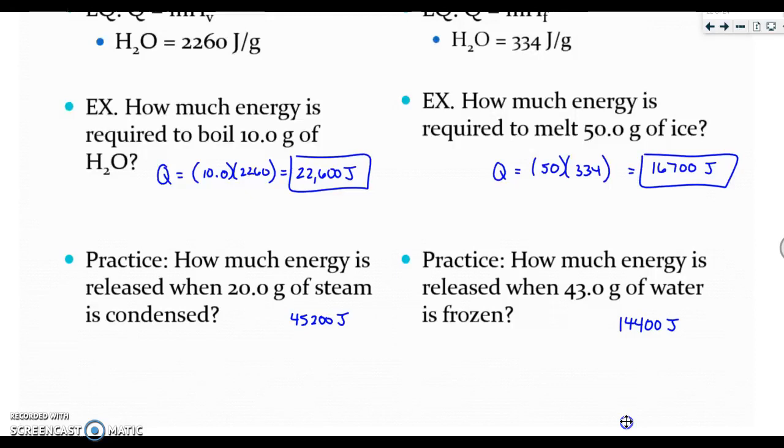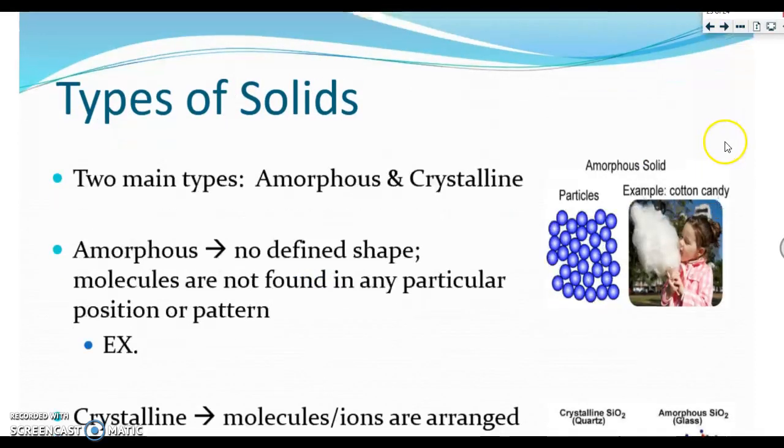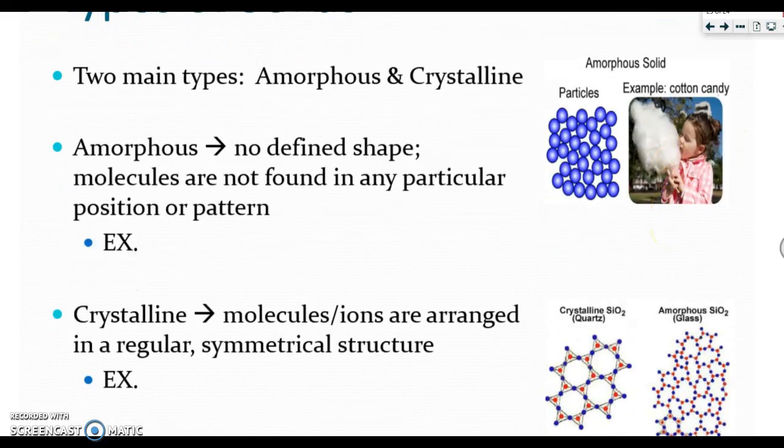Now, let's talk about types of solids. We have 2 main types of solids: an amorphous solid and a crystalline solid. An amorphous solid has no defined shape, and the molecules are not found in any particular position or pattern. They give you an example over here of cotton candy.